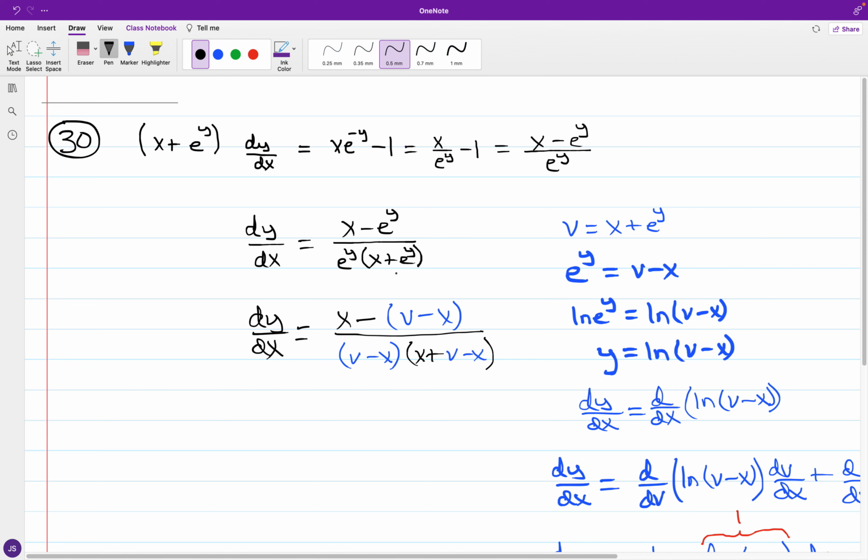If you notice, we're going to have some cancellations. The x's will cancel out. So dy over dx is equal to, notice we have x minus negative x, so that will be 2x minus v, all over v times the quantity v minus x.